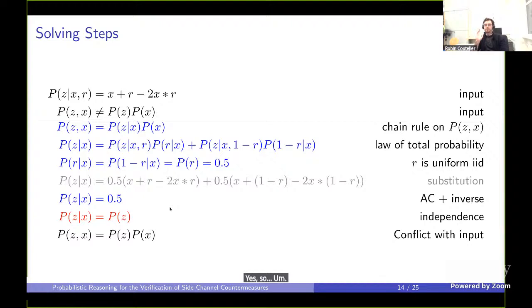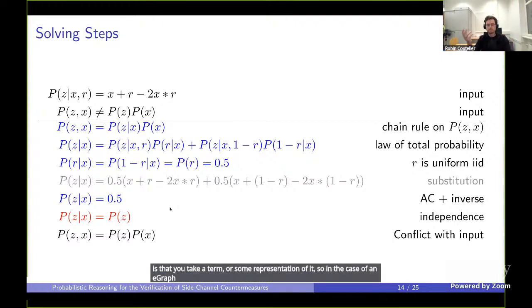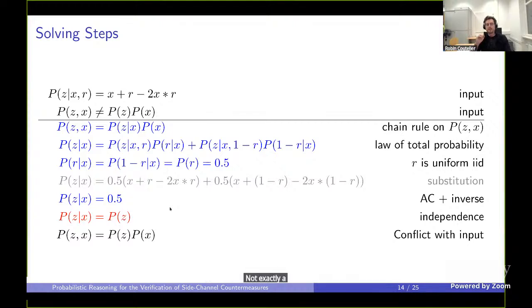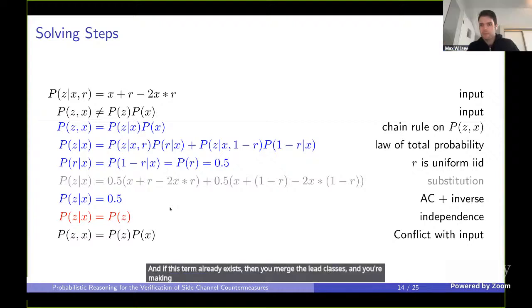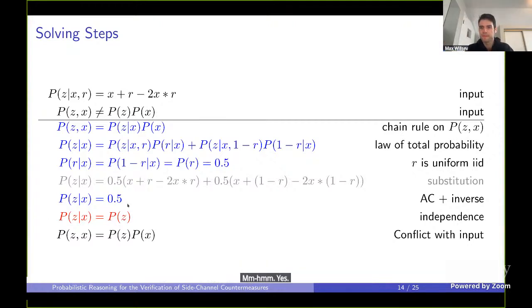So my understanding of rewrite rules is that you take a term or some representation of it. In the case of an egraph, it would not be exactly a term per se. Then you can generate a new term that is equal, you put them in the same E-class. And if this term already exists, then you're merging E-classes and you're making progress, correct? Yes. But in this case, it's not just a term, it's two terms that are equal.